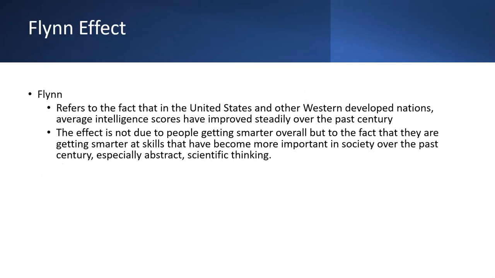Now, your authors conclude with a discussion of something called the Flynn effect. The Flynn effect involves this documented finding in the United States and other Western cultures that intelligence test scores have been steadily improving over the last 100 years.